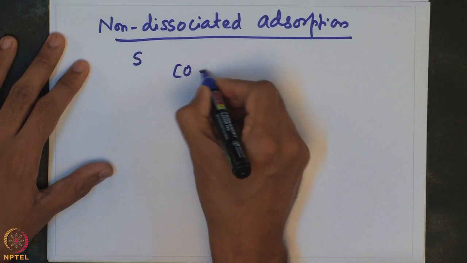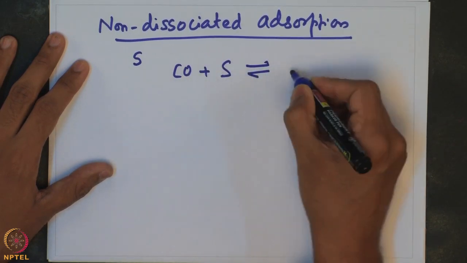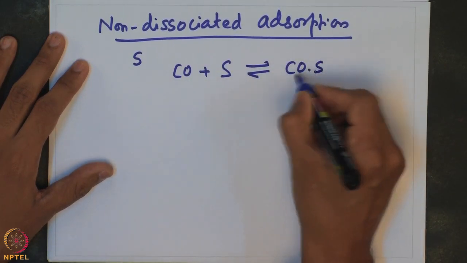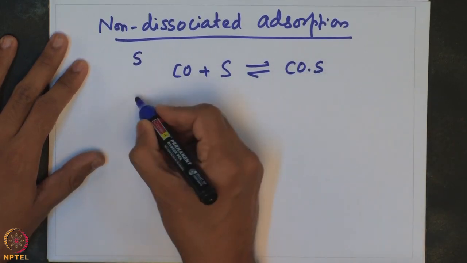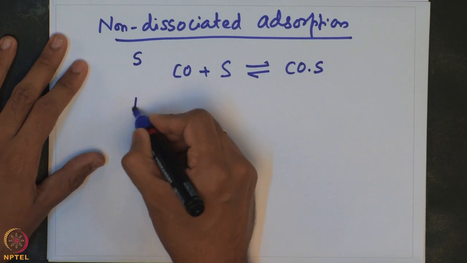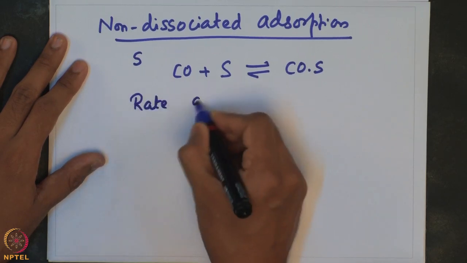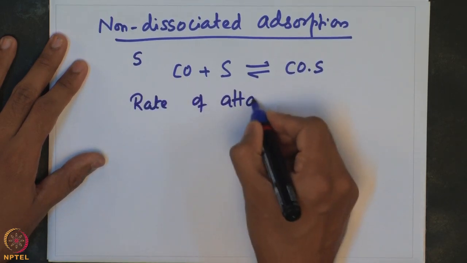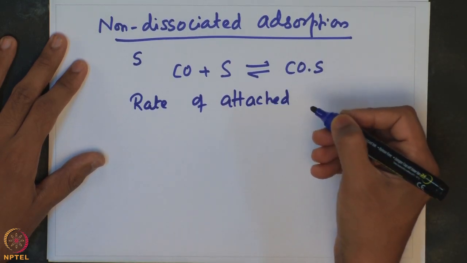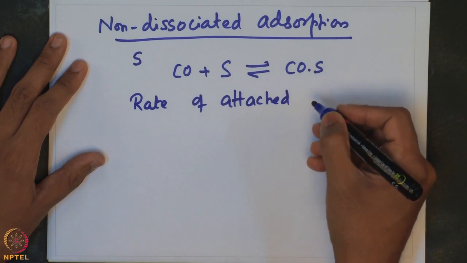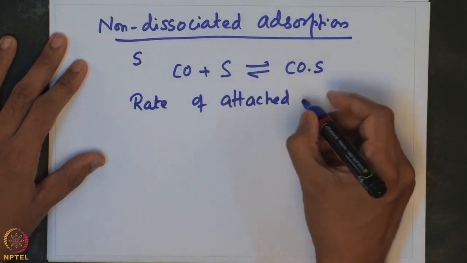So, CO plus S will give COS, which is CO adsorbed onto the vacant site. Now, the rate of attachment of the species onto the active site clearly is a function of the partial pressure of the gas species which is adsorbing on the site.